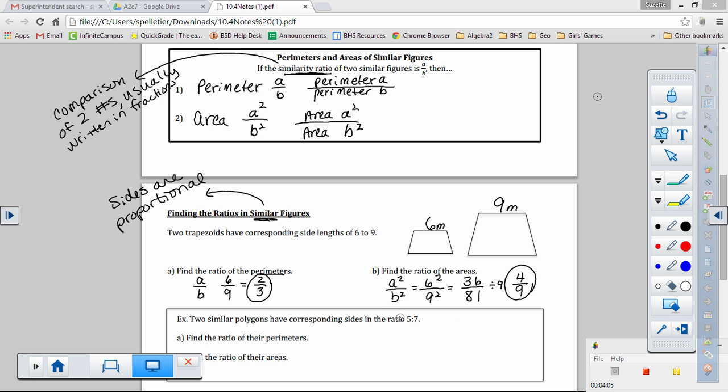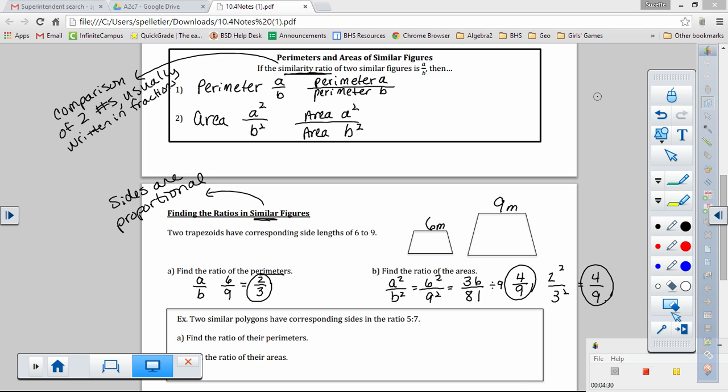Notice that 4/9 is the same thing as 2 squared over 3 squared. So if you'd used the reduced perimeter ratio, A is 2, B is 3, then you could have just plugged in 2 squared and gotten your 4, and 3 squared and gotten your 9. If you don't do that and you use the real side lengths, you just have to remember to reduce your answer when you're done. Okay?